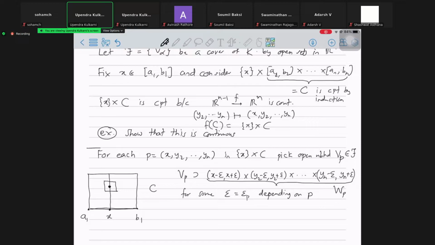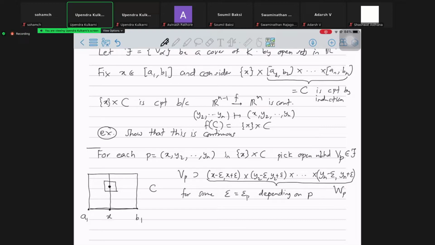Now what do we have? As I take this W sub P for each P in the vertical line, remember topologically, the vertical line is compact because it is just like C. The slice is compact. Around each point P of this slice, I have put an open ball.